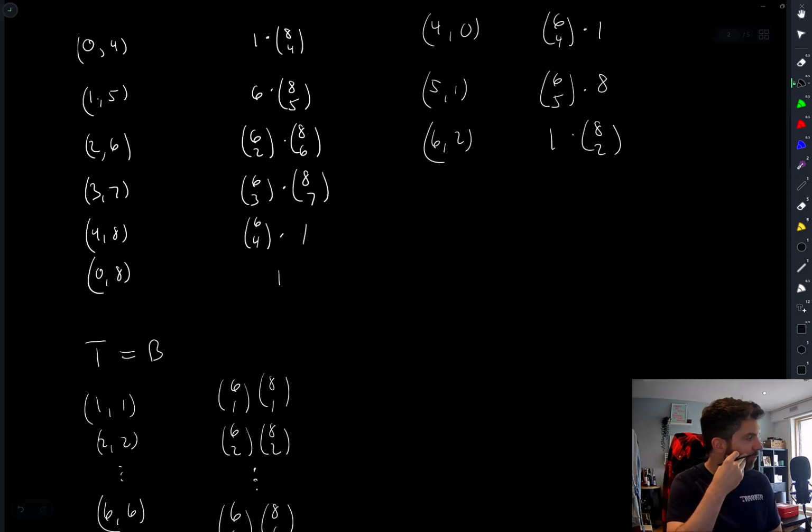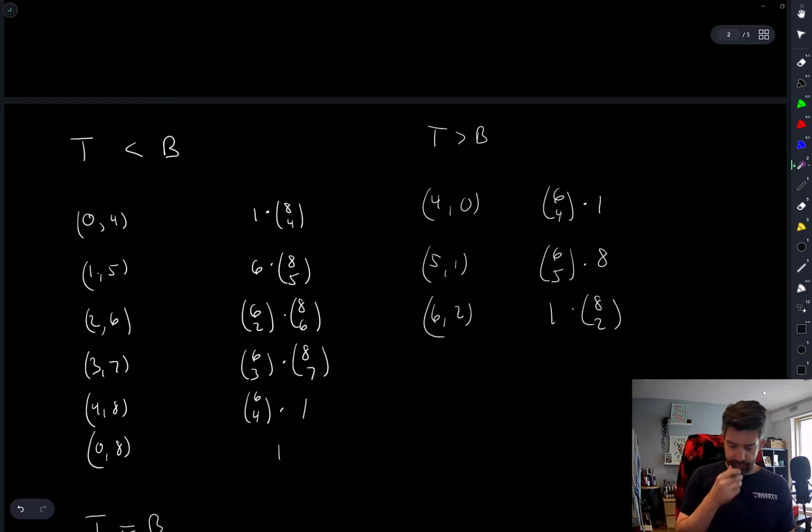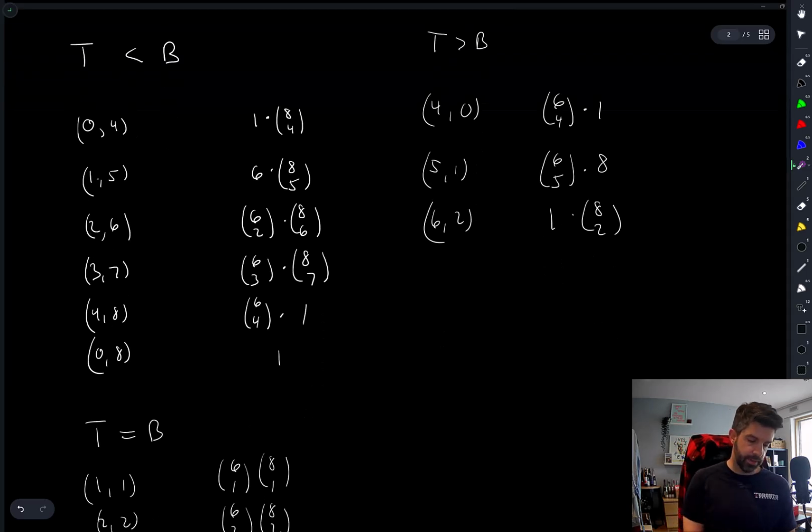A lot of these numbers might be multiples of 100, in which case we can throw them out. How do we find which of these numbers are multiples of 100? Probably anything with 8 factorial will be a multiple of 100, because we're not dividing out the 5 in 8 factorial.